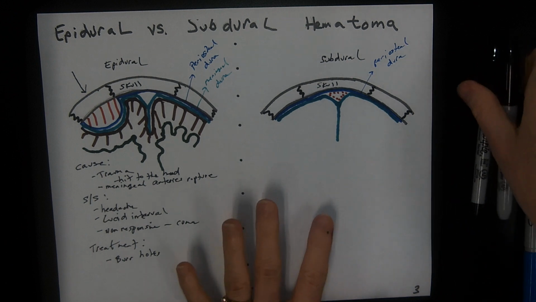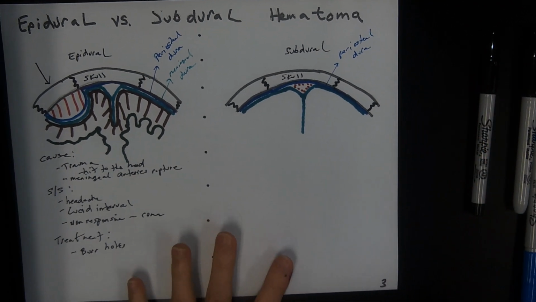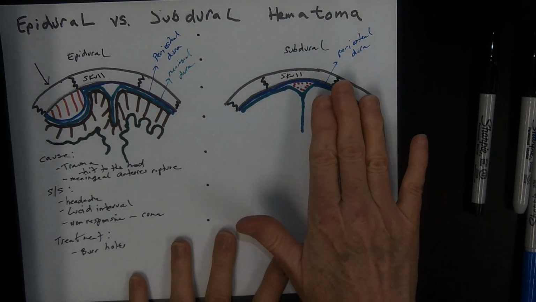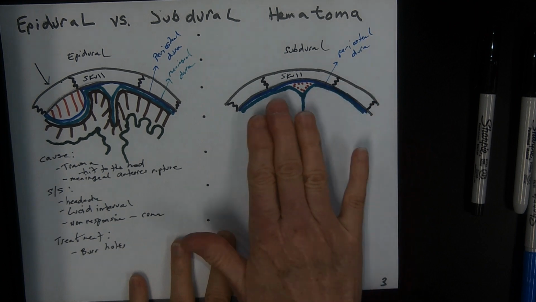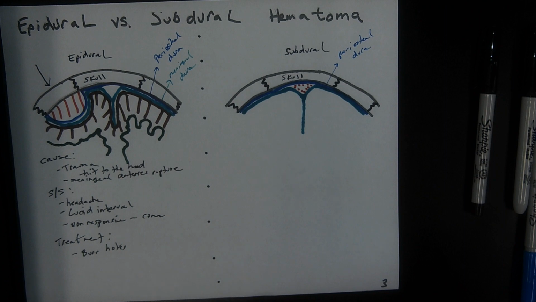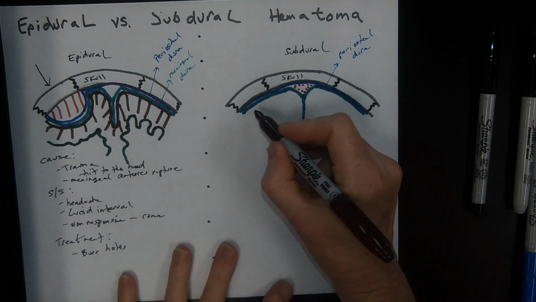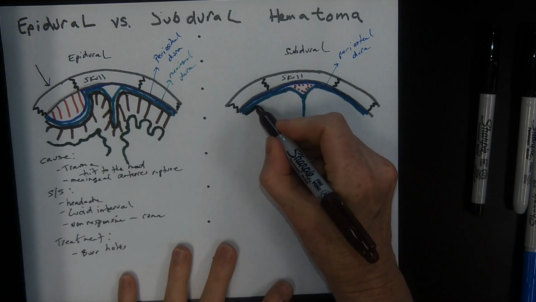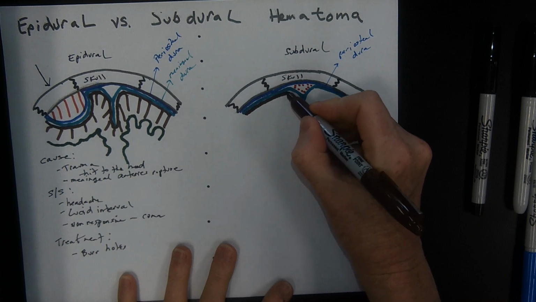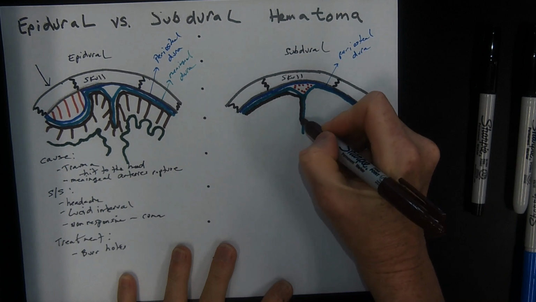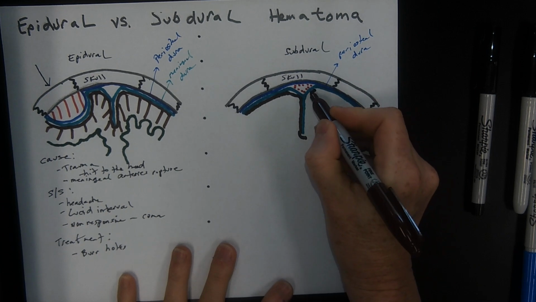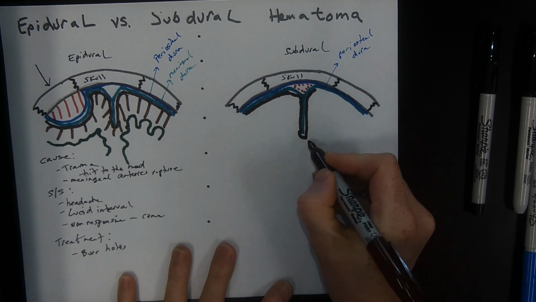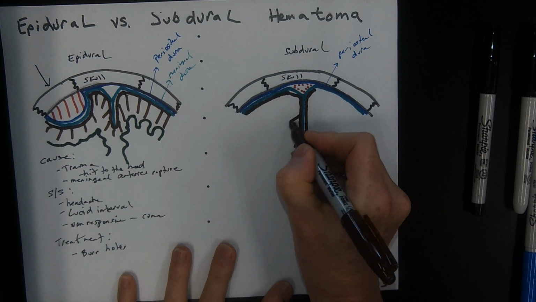Okay, so what I'm going to do is choose to represent the problem on the right-hand side of the figure. On the left-hand side of the figure, I'm just going to go ahead and draw in what's normal, or what you'd expect. Right, you have your arachnoid mater, next layer, and then you have your trabeculae coming off of that. We've seen that before.